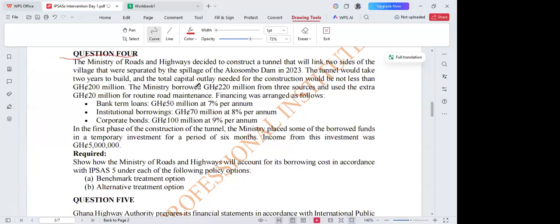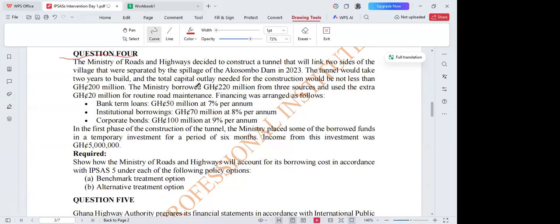Okay, question 4. The Ministry of Roads and Highway decided to construct a tunnel that will link two sides of the village that were separated by the spillage of Akosombo Dam in 2023. The tunnel will take 2 years to build, and the total capital outlay needed for the construction would not be less than 200 million.